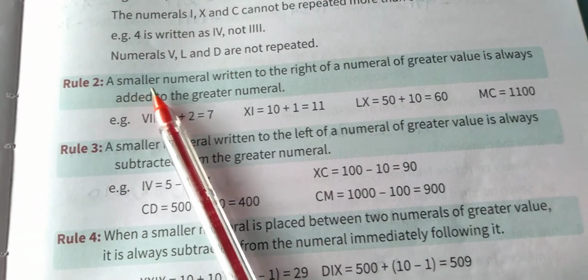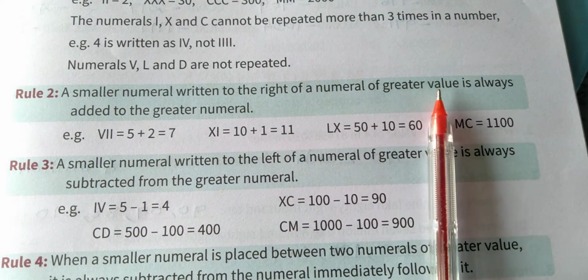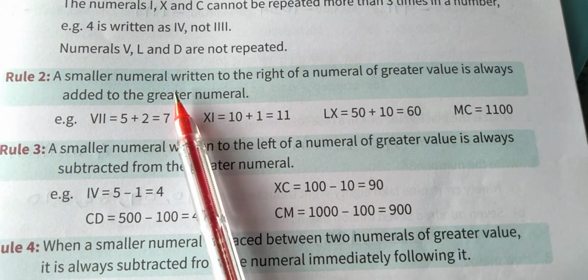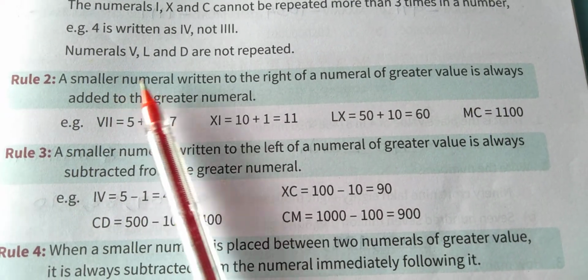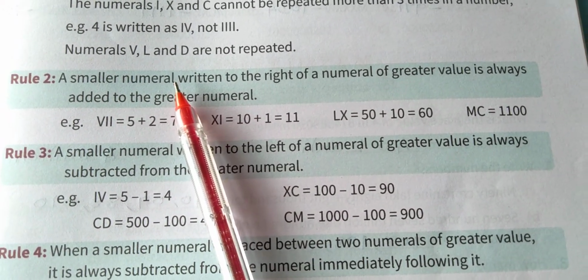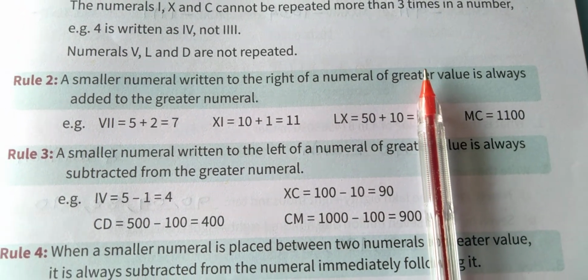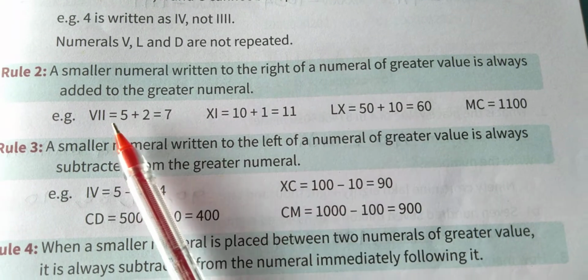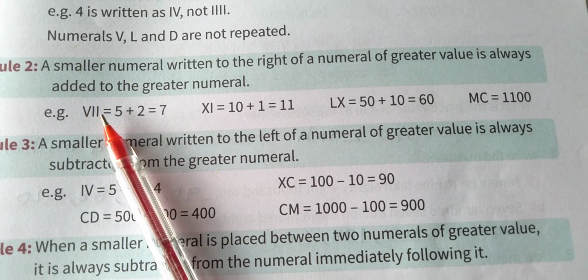Next, rule 2. A smaller numeral written to the right of a numeral of greater value is always added to the greater numeral. For example, V is the greater numeral and I is the smaller numeral.